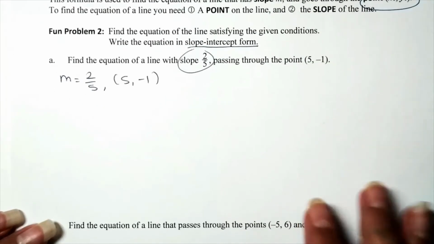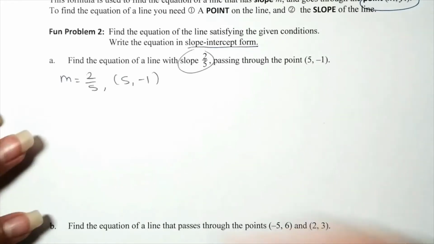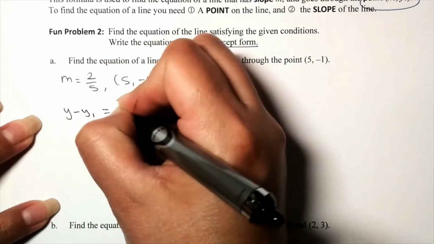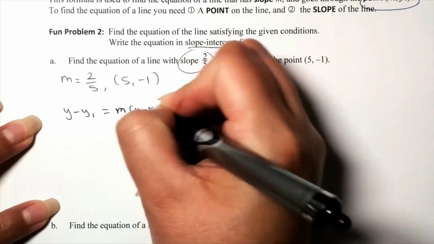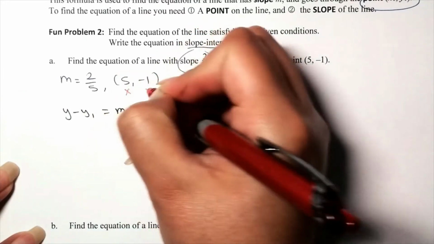So I'm a big fan of writing whatever formula I'm going to use, even if I have it nailed, because when we get a test, sometimes we get a little bit nervous and we forget our name. So let's write out the formula. Point slope formula: y minus y1 is equal to m times x minus x1. For my peace of mind, I'm going to label this ordered pair x, y.